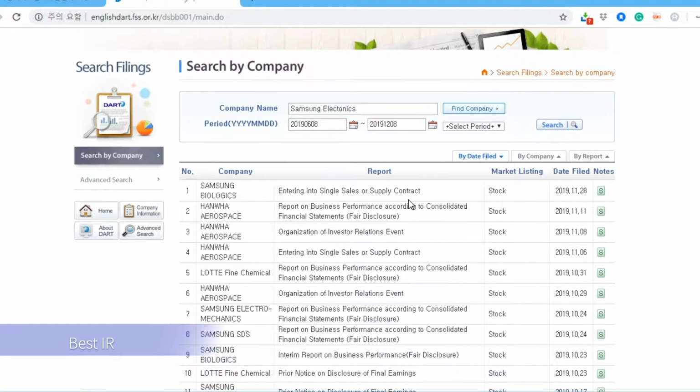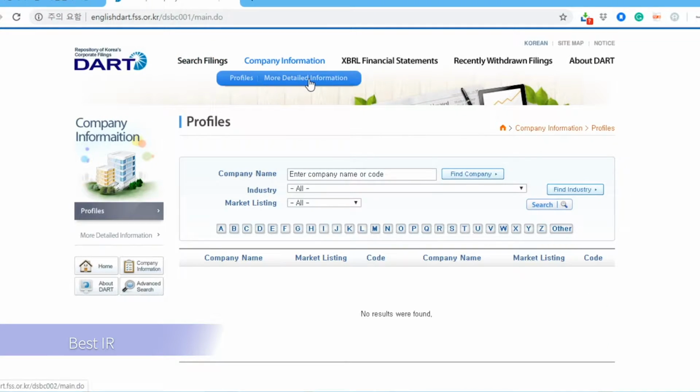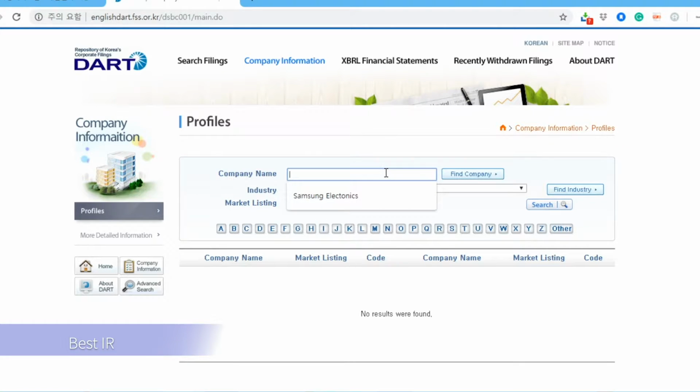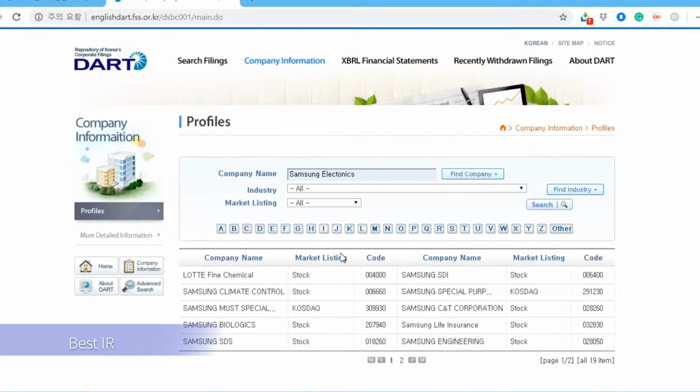you will probably need something like company profile, and then you will type in some company that you'd like to find more about. And I don't have it here.